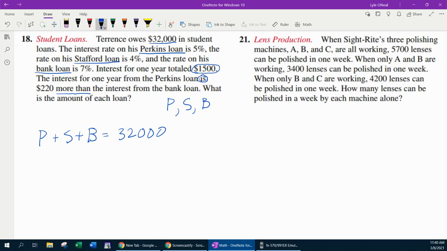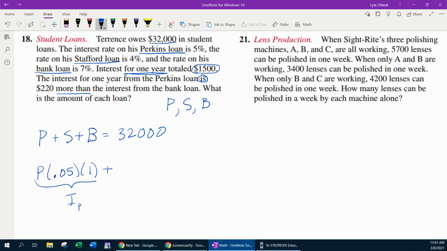Next, let's do the total interest equation. So interest is principal times rate times time. So for the Perkins loan, the principal is, well, we don't know. The rate is 5%. As a decimal, that's 0.05. And it says for 1 year, so the time is 1. So all of these together makes the interest from the Perkins loan.